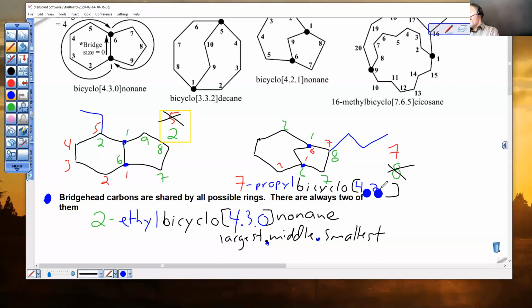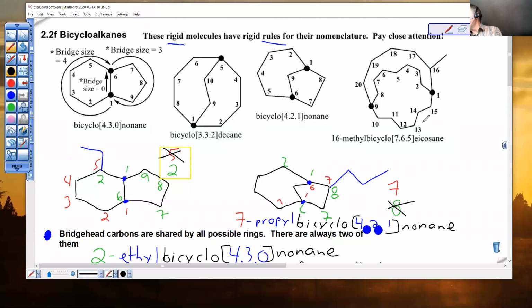And then there's 1 more carbon in between 1 and 6 this way. Add 4 plus 2 plus 1 plus 2 dots, and you get nonane again. 7 plus 2.